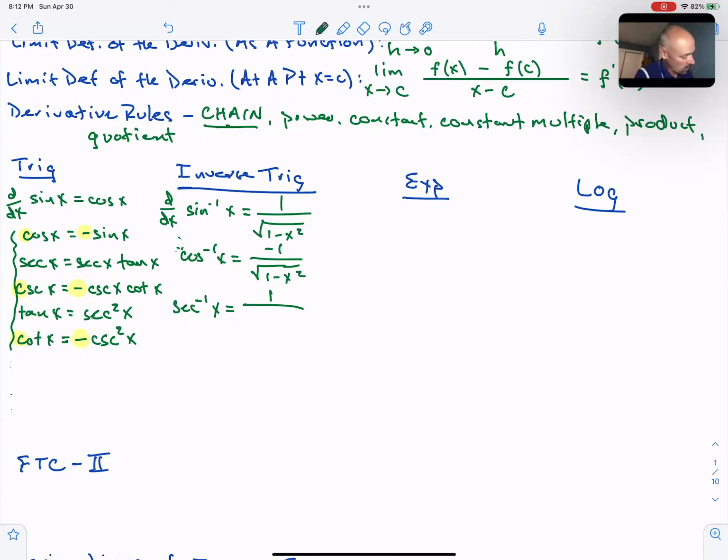It's going to be 1 over the absolute value of x times radical x squared minus 1. d dx of arc cosecant is just going to be negative 1 over the absolute value of x square root x squared minus 1.